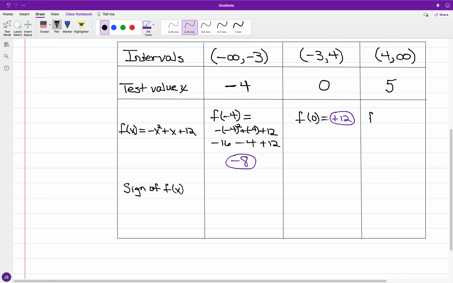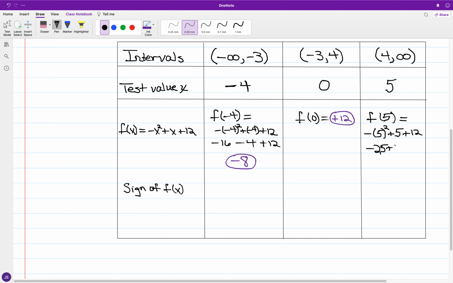And in the case of f of 5, we're looking at the negative of the square of 5, followed by the addition of 5, and once again we have plus 12. So 5 squared is 25, and the opposite sign of this we're going to have is -25.